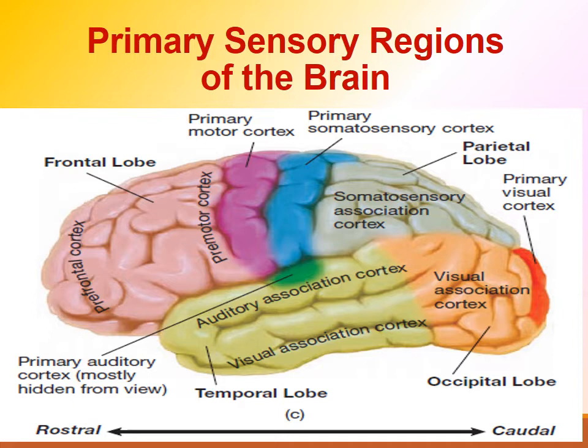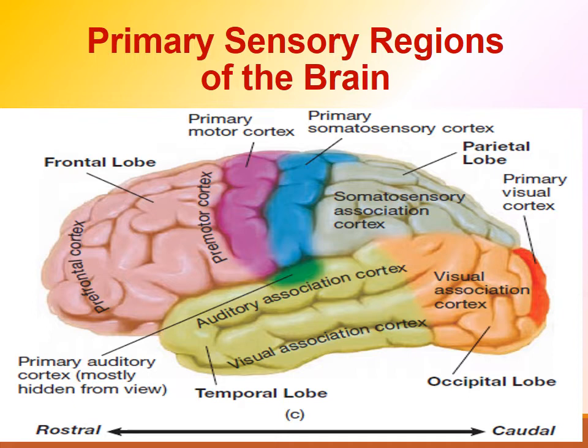It is located near the occipital lobe, and as we know, the occipital lobe is strongly related to visual function. This is called the primary visual cortex, in the red section.